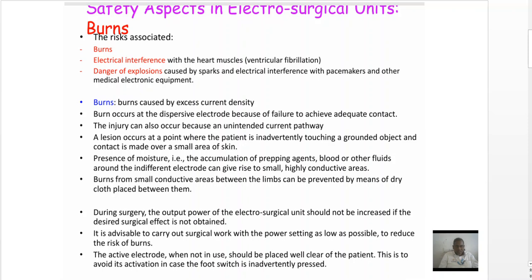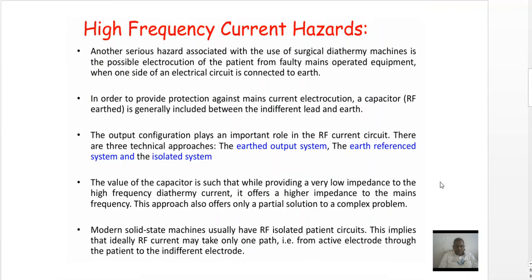Next, high frequency hazard. Generally we use high frequency only for surgical diathermy, in the range of 1 MHz to 3 MHz.